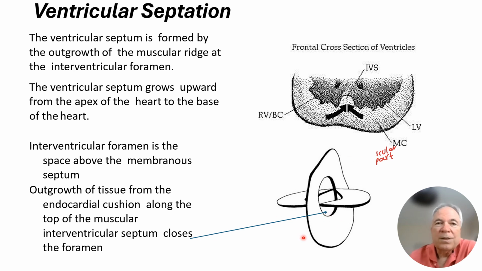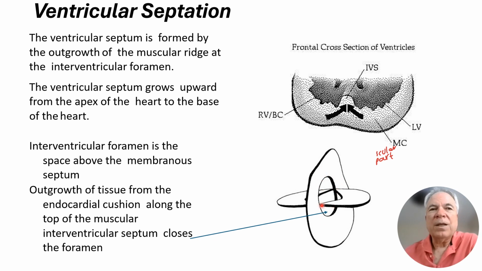Let's say this is the endocardial cushion. These are the valves. This is the endocardial cushion forming the valves between the atrium and the ventricle right here. And this is a hole below the valves and above the valves. And when you have an AV canal defect, you have a ventricular septal defect and/or an atrial septal defect, depending on the type of defect.